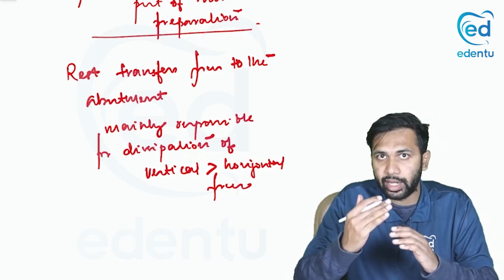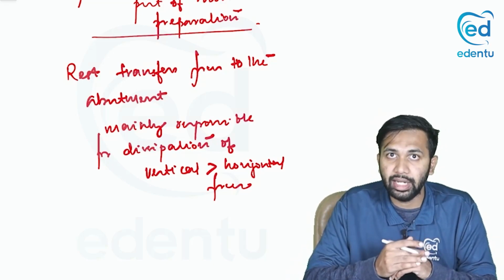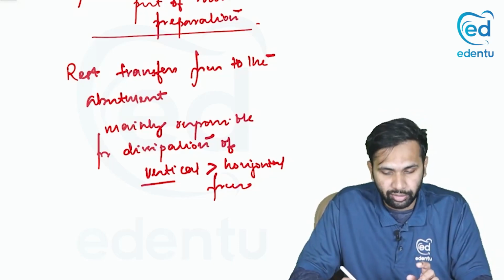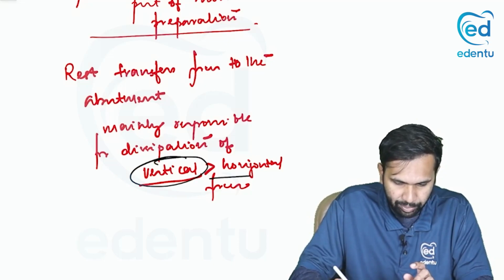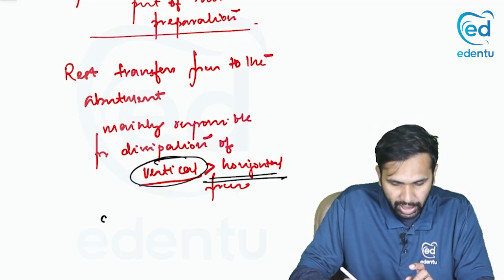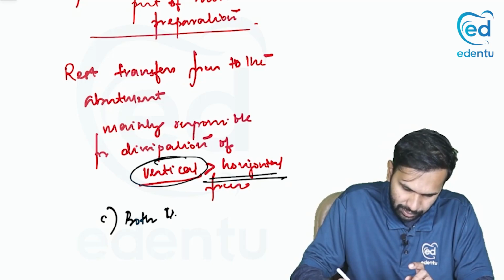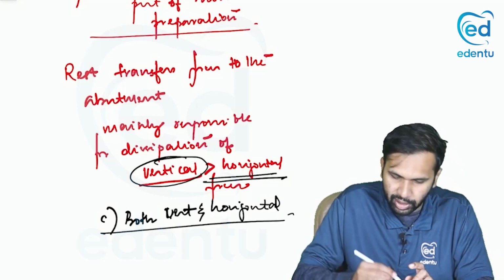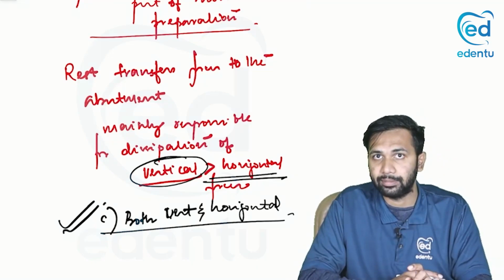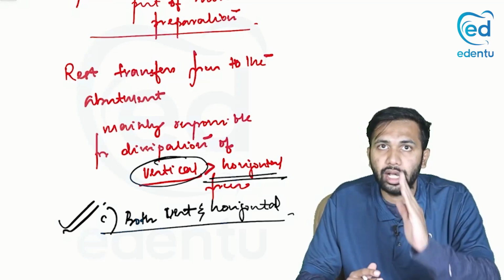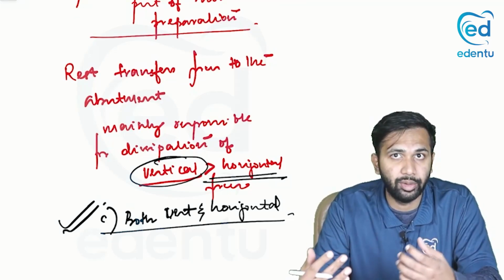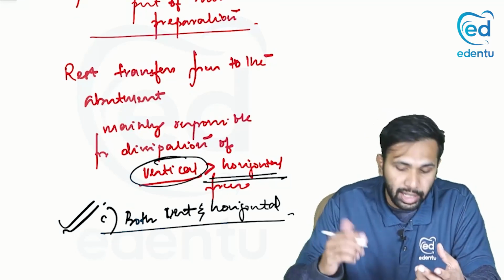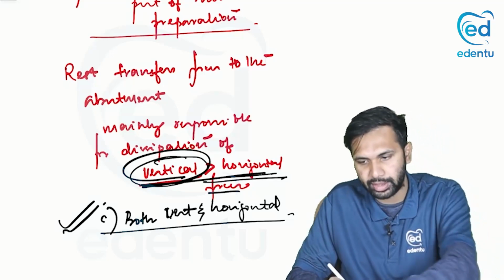I repeat, if you get a question asking what your rest mainly helps to dissipate, the answer should be that vertical forces are more effectively dissipated by your rest compared to horizontal forces. But if you get an option C as both vertical and horizontal, then please go for option C. Again, your rest transfers or dissipates both horizontal and vertical forces to the abutment, but mainly vertical, followed by horizontal forces.